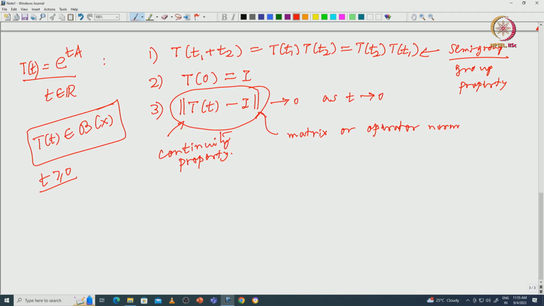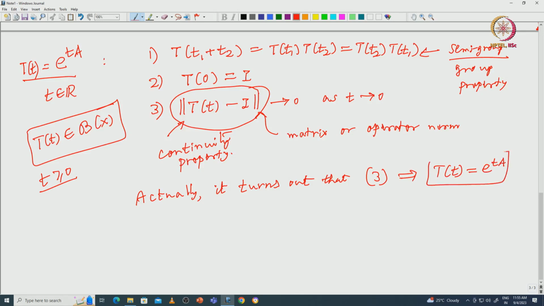Generally, if this condition holds, then we get back to this situation. Okay. So, actually it turns out, after much study, so it is not immediate, that condition 3 implies T of t is actually e to the tA for some bounded operator A. Okay.